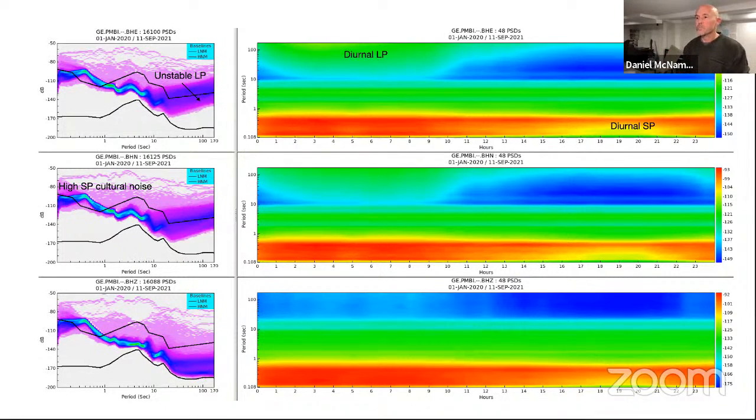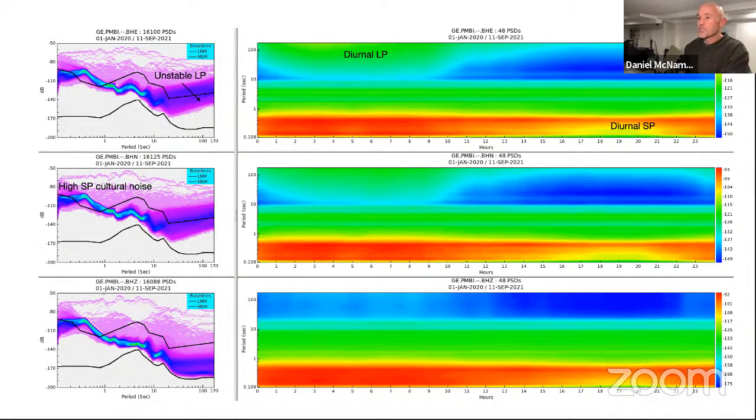And again, probably a relatively shallow vault in soft soils that's moving as it heats and cools, or due to atmospheric pressure changes. And again, to the left of these PDF plots, you see that very high short period cultural noise in all three components, the horizontals and the vertical.